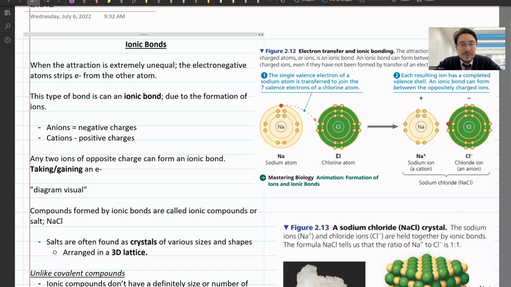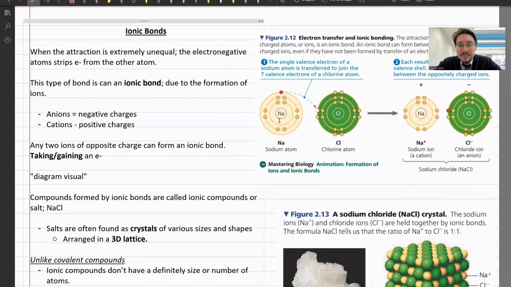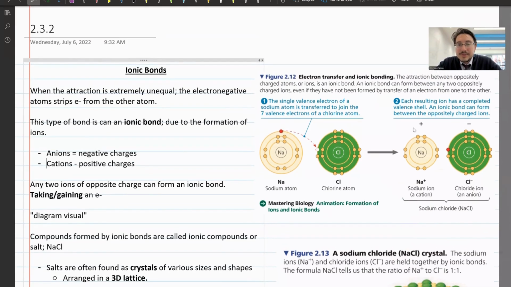Okay, so if you see in this visual here, sodium will lose an electron to chlorine. Both of them, again, have their shells filled very nicely. So now sodium has a positive charge, chlorine has a negative charge. Sorry if you can't see the visual there. And the resulting formation is an ionic bond, sodium chloride. Okay, positive and negative.